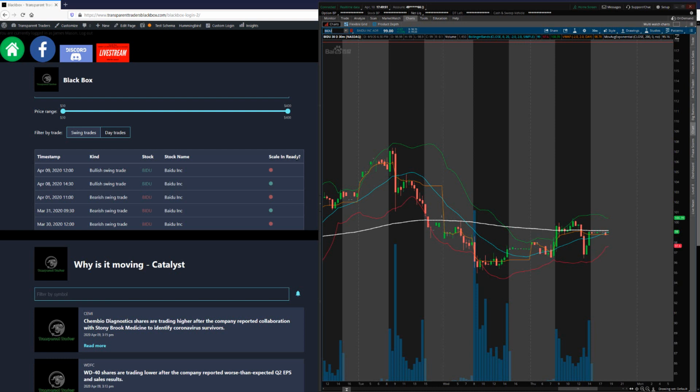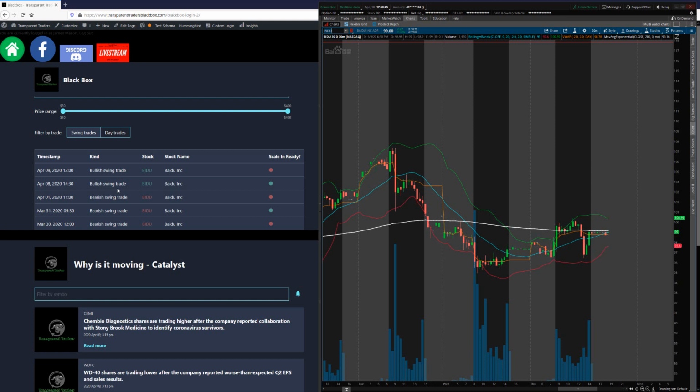Now, in the event that, let's say, I was in a bullish swing trade and then a bearish swing trade alert comes through and it hadn't broke out yet in my favor, I know to end that trade. Now, if I enter this swing trade, whether it's bullish or bearish, and it starts going in my favor, I don't scale in anymore.